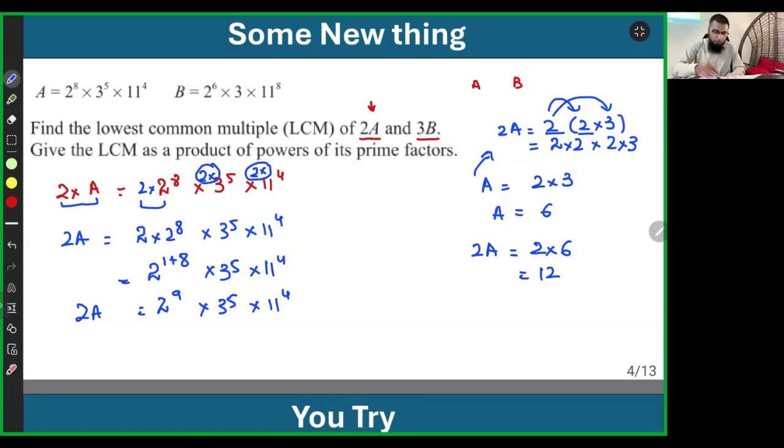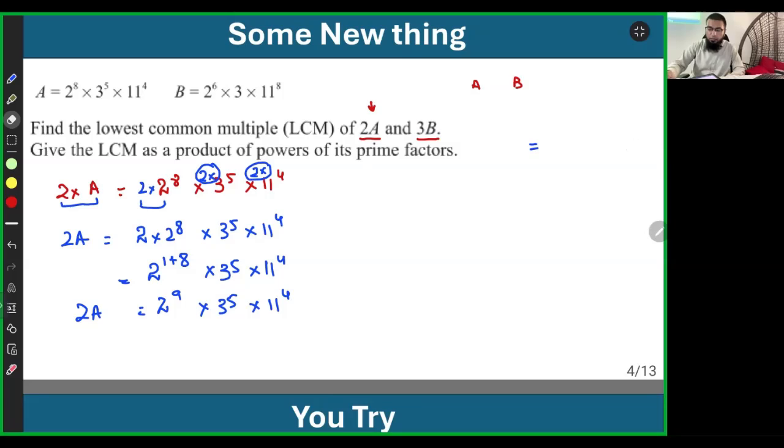Maximum students in the exam, they just get confused: do we need to multiply with each and everything, or do we just need to multiply with only one? Okay. Now, any one of you who can tell me, or if you know the answer, you can write in the chat box. That's a general question. What do you think will be 3b? I just need an answer of 3b.